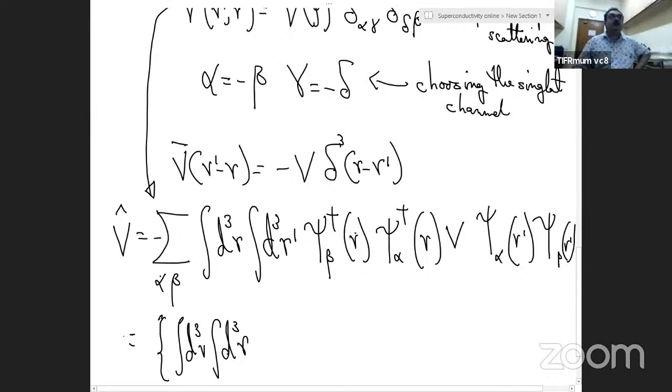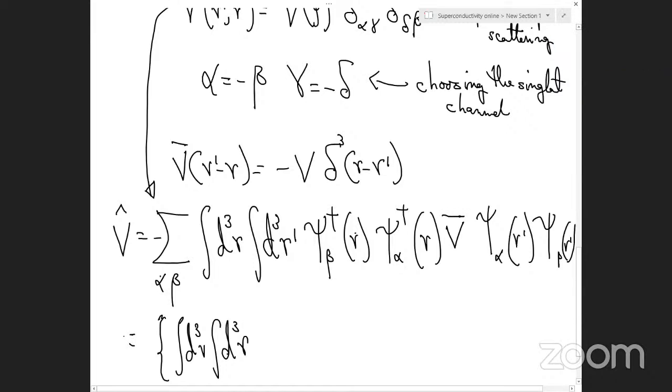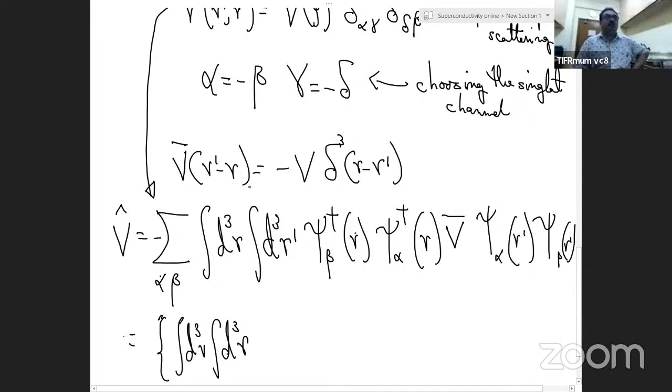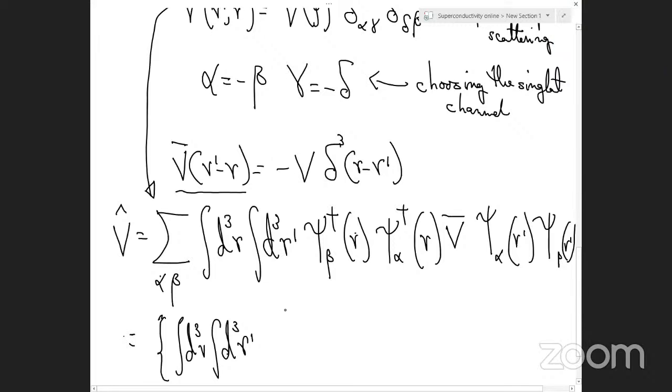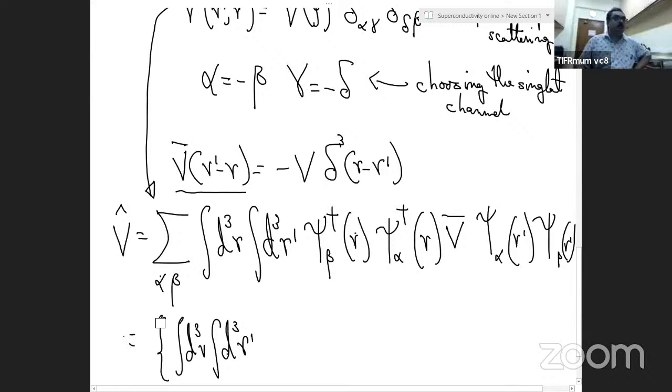Okay, this delta function I have not yet taken, isn't it? Yes, sorry. I have not yet, so when I do one of the integrations, this delta function will go. So this V dash has the delta function inbuilt inside. So I don't need to put this minus yet. All right? Yes. Okay, I don't need this bracket.